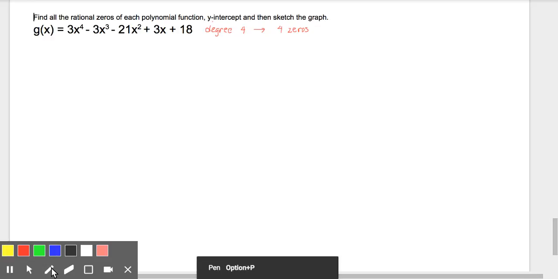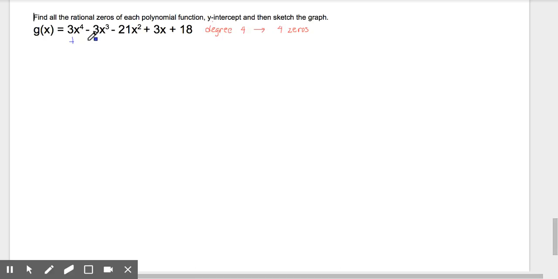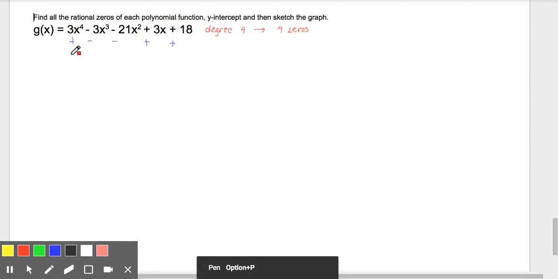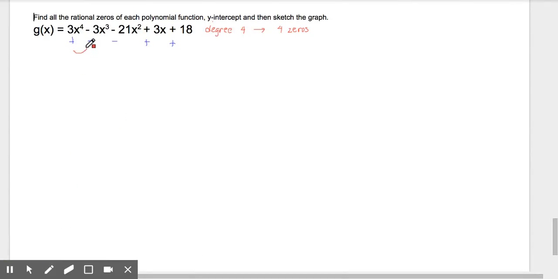Now, if you look at the sign changes, the first term is positive, negative, negative, positive, positive. From the first to the second term, it's changing from positive to negative. So that's our first change. Negative to negative, no change.